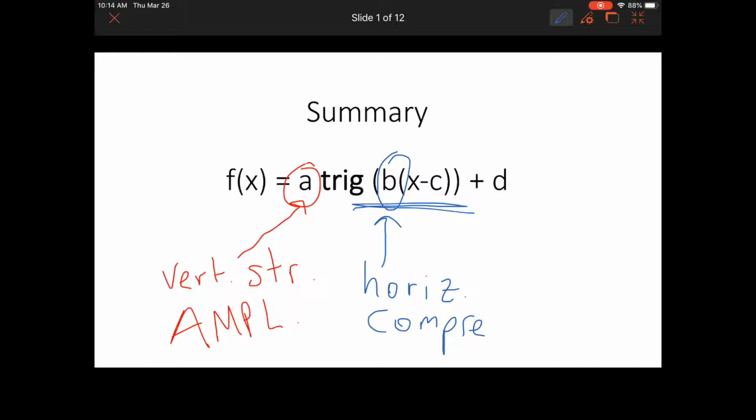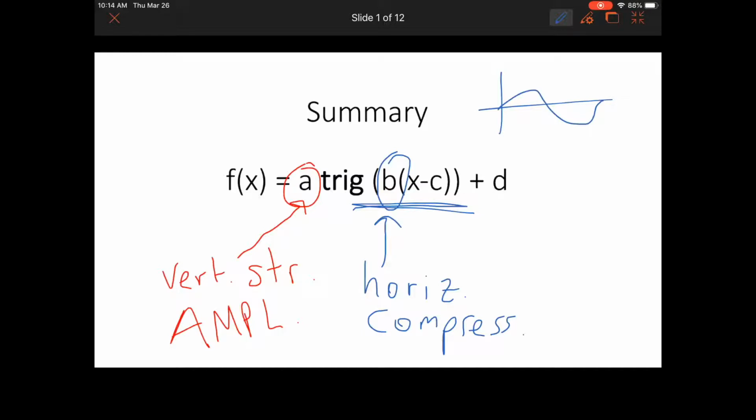Now, the reason I'm calling this a horizontal compression rather than a horizontal stretch is because it is actually flipped. It's kind of like the opposite compared to the a value. If I have a compression, it means I'm reducing my x values or I'm squishing my function together. But let's think about the difficult case where I have a fraction.